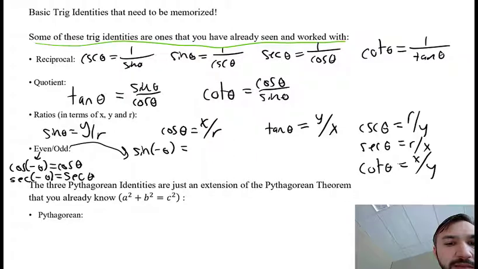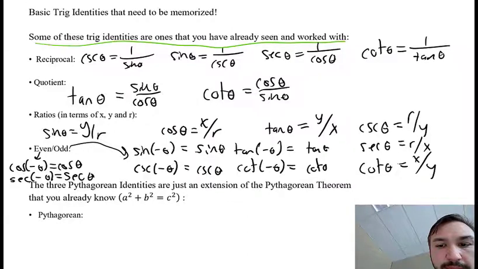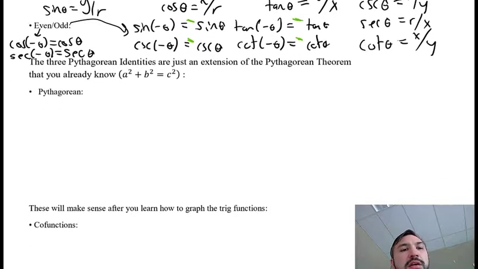So sine, its reciprocal, tangent, and its reciprocal. They're not equal to the same thing because that would make them even. But they're equal to the opposite of the same thing. So if you multiply one of them by a negative, now they're equal. So you need to be familiar with those even-odd identities so that you can apply them sometimes.